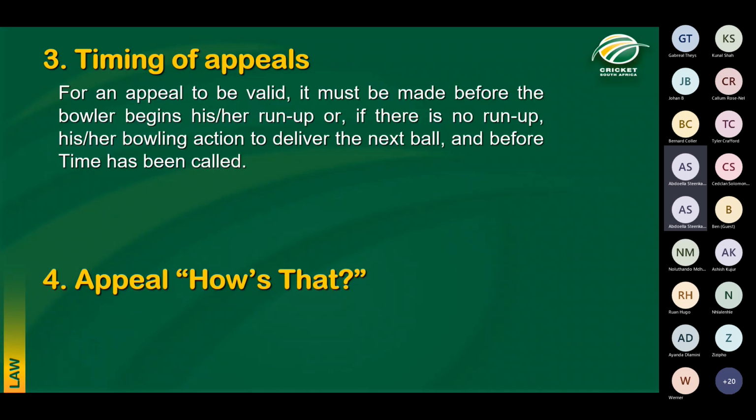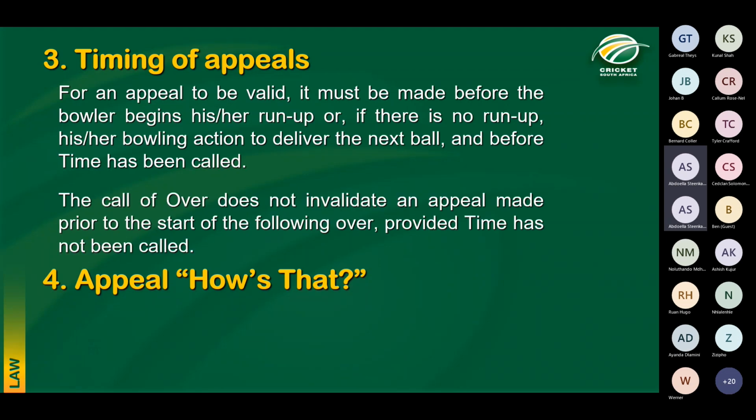Obviously appealing for caught behind. That appeal is still valid. That window period only closes as soon as the bowler takes his or her first step to bowl the next delivery, and before time has been called.